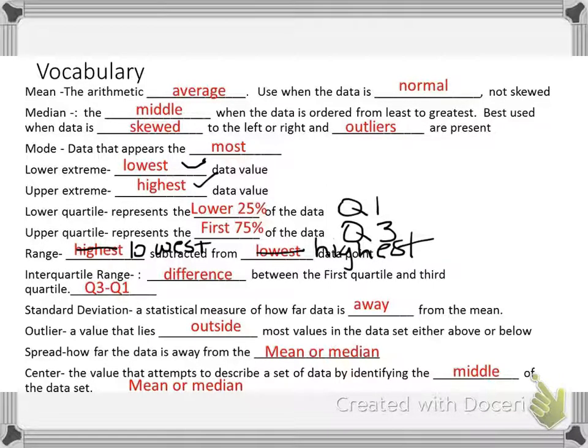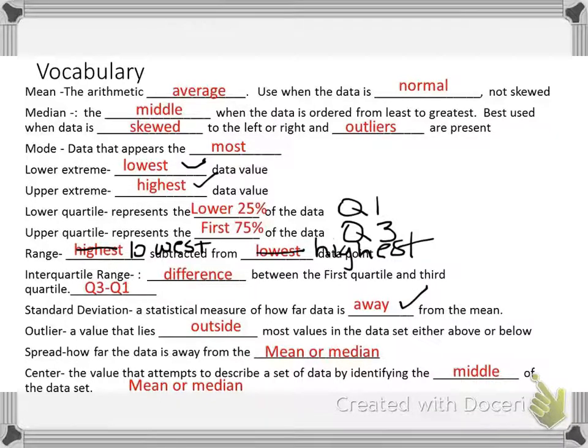Standard deviation, which we will talk about later again, is a statistical measure of how far data is away from the mean. An outlier is a value outside most values, so it's going to be bigger or smaller than most of your values that you have.